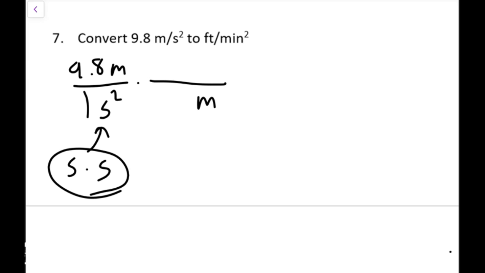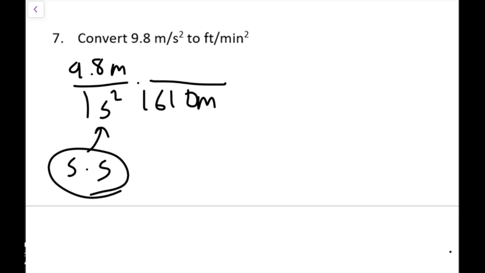All right, so I don't know exactly how many feet are in a meter, but I do know how many feet are in a mile. I don't think I gave you that one in the, no. I didn't give you this conversion factor, so this might be one you write down on your reference sheet.